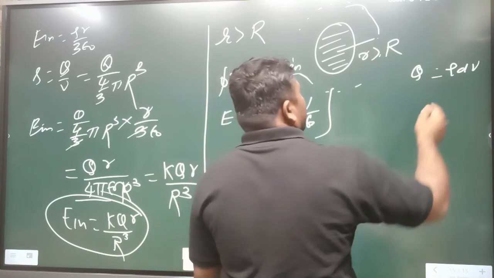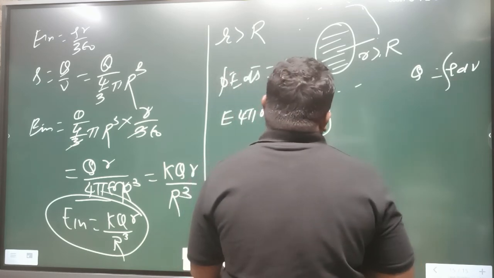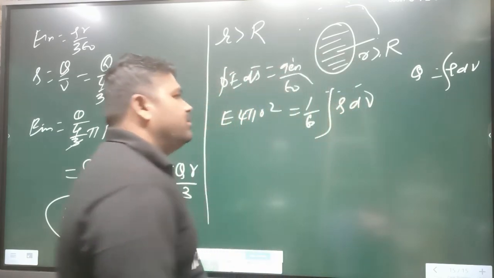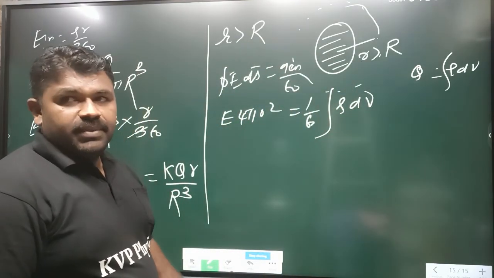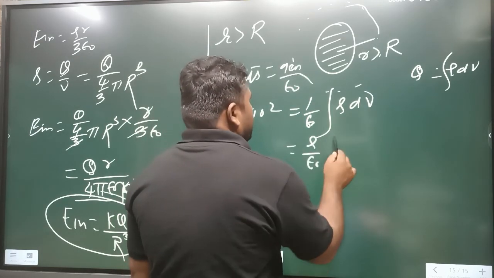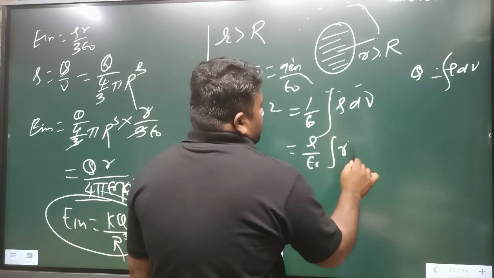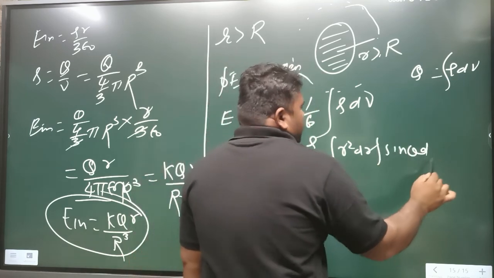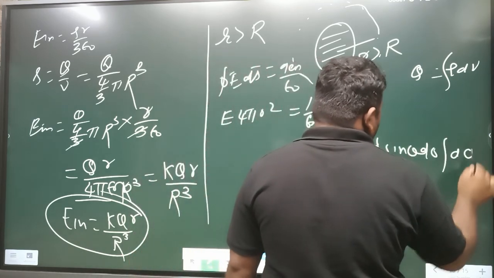Q is equal to integration rho dv. Yes or no? Integration rho dv. Rho constant or variable? Nothing is mentioned, by default this one is uniform. Rho by epsilon naught integration r square dr integration sin theta d theta d phi.